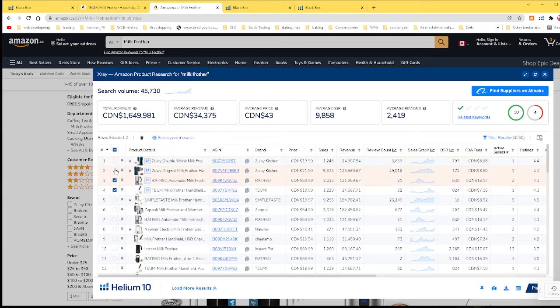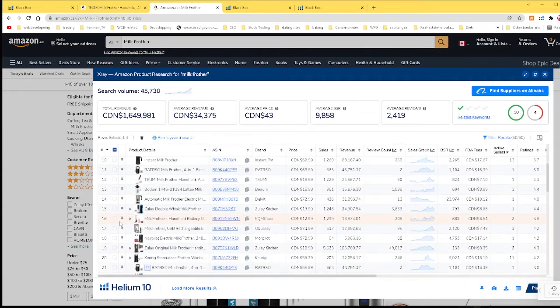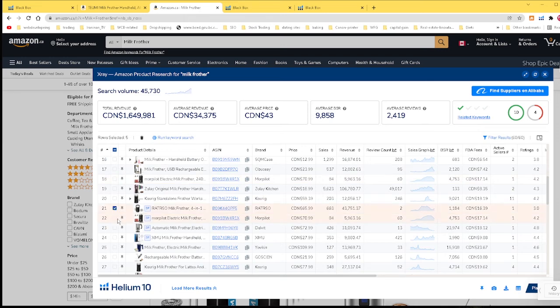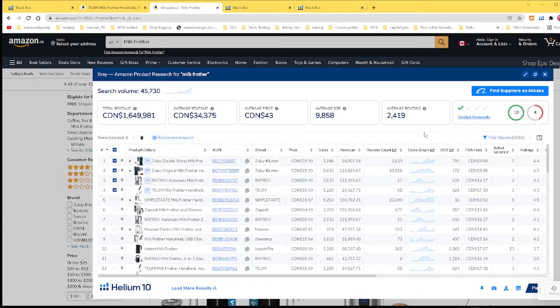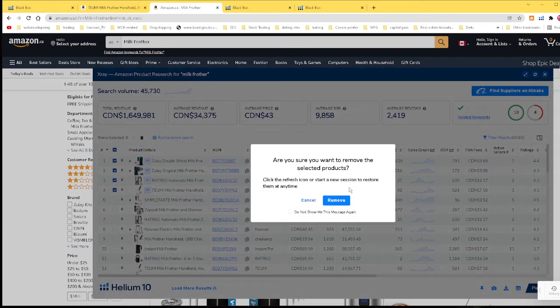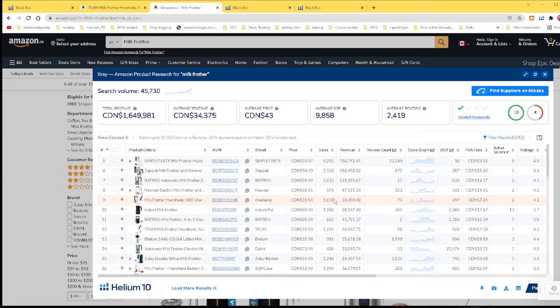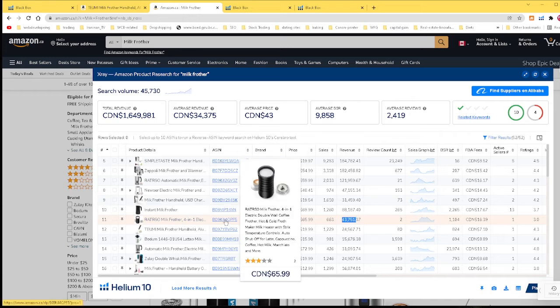Let's actually remove the advertisers so we get a better idea of average price, average reviews, and average revenues, so that we are not getting the wrong information. But as you see, the reviews are really high. The first one is 23,000 and then goes 621. So some of them are making good money. This one is making $43,000.